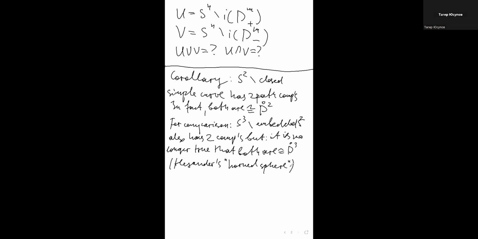As an example, there's Alexander's horn sphere, which can be found in Hatcher's book. It's a wild embedding of the two sphere into the three sphere, and one of the components of the complement is not simply connected.